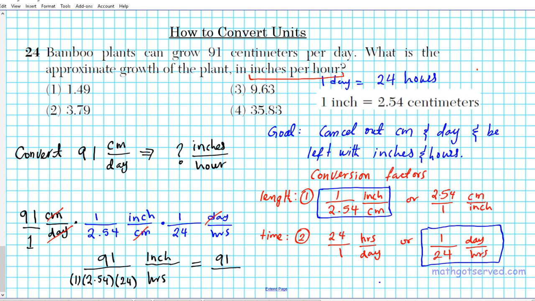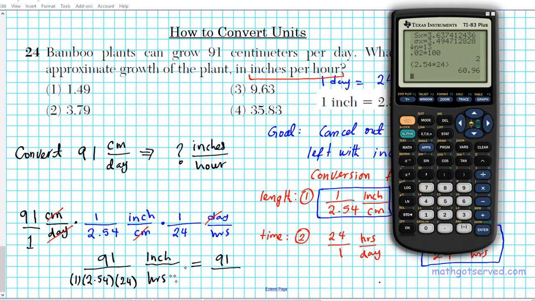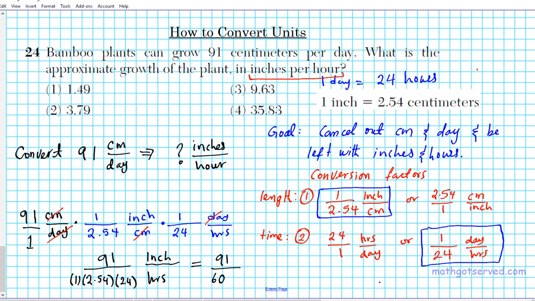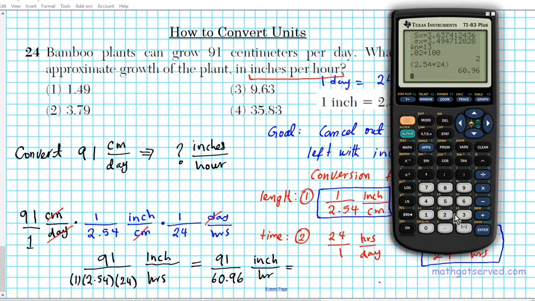You could do everything together, but I'm not taking any chances. I want to break it down so that you can avoid making mistakes. Okay, so 60.96 inches per hour, and then just divide it out. Okay, so you're going to have, what are we going to have? 91 divided by the answer we got, 60.96, and you get 1.49.